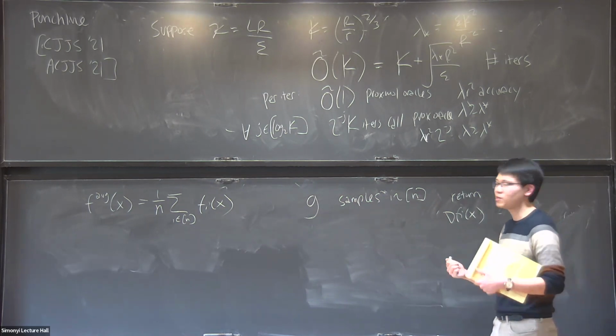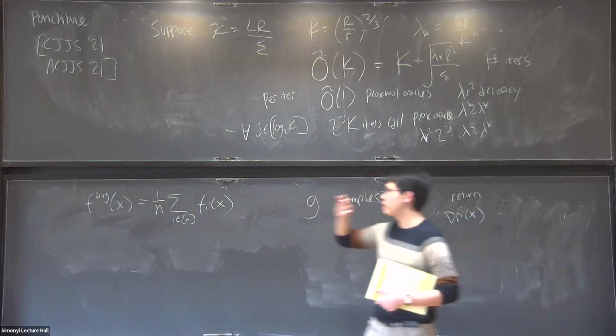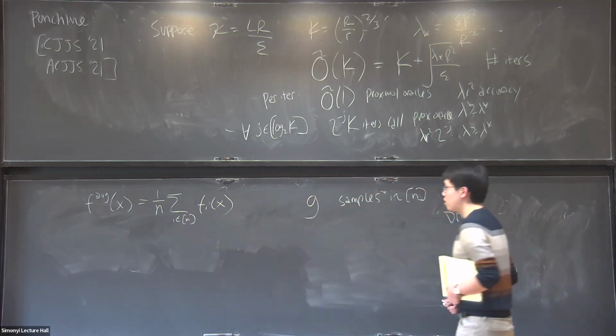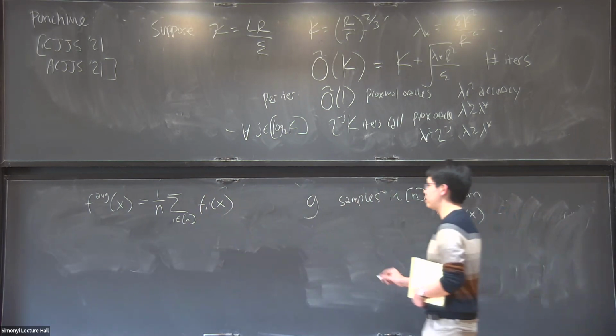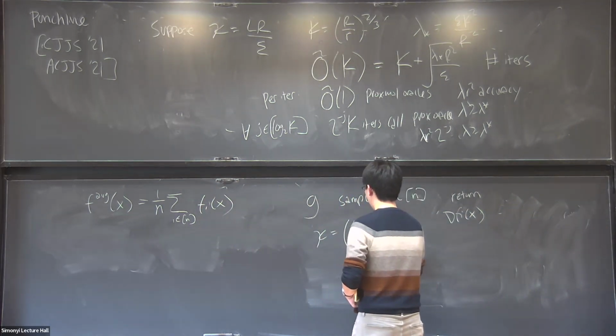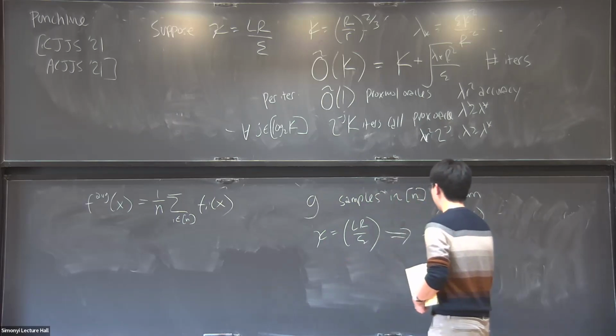It's not hard to see that in expectation, this is exactly the gradient of the average, right? Classical analyses will tell you that if you define kappa to be LR over epsilon, this takes kappa squared iterations.